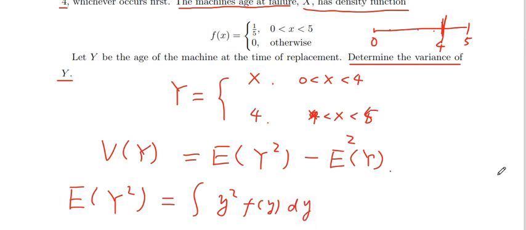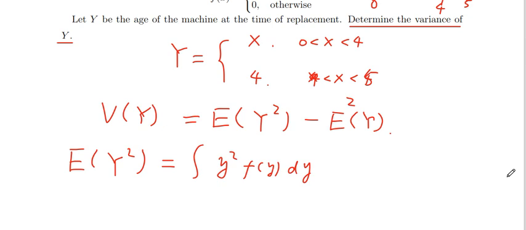So what is y squared? We have two cases, sometimes x squared. The density function, the probability, is 1/5 dx.